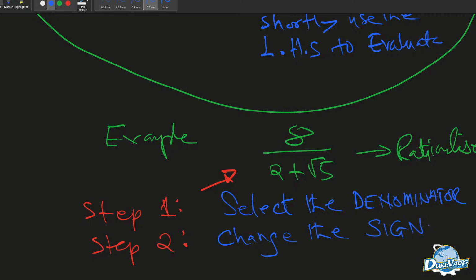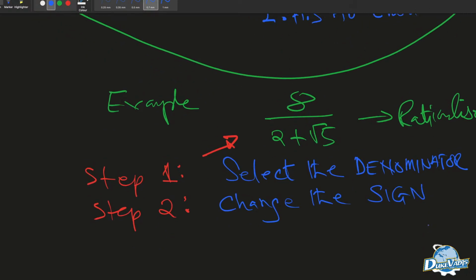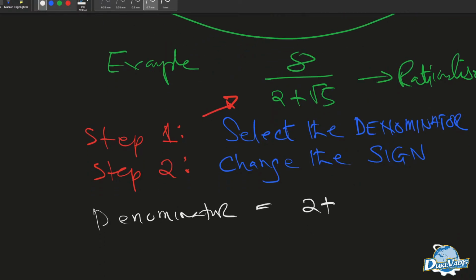Okay, so how are we going to change the sign? For instance, over here, as we implement step 1, we should pick out the denominator. So our denominator, in this case, is 2 plus root 5.